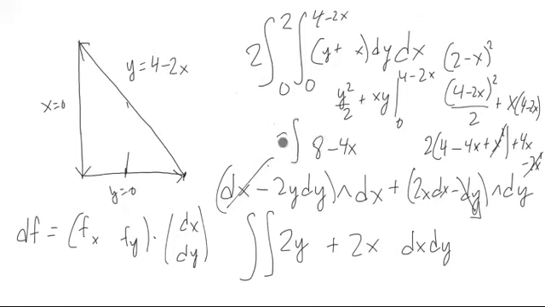And we have an extra 2 sitting out here, just keep that in mind from up there. We're going from 0 to 2 dx. Then we take the antiderivative of this. Further, we could factor out a 4, so we really have 8 multiplied by 2 minus x, going from 0 to 2.